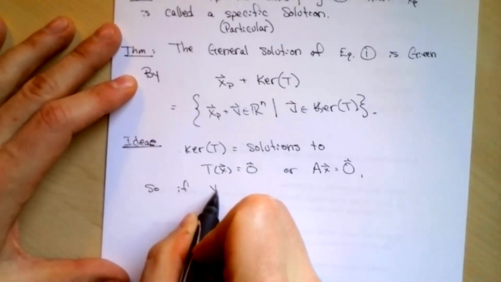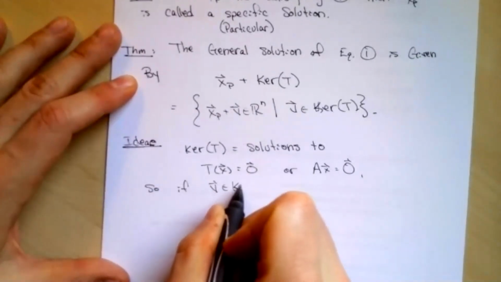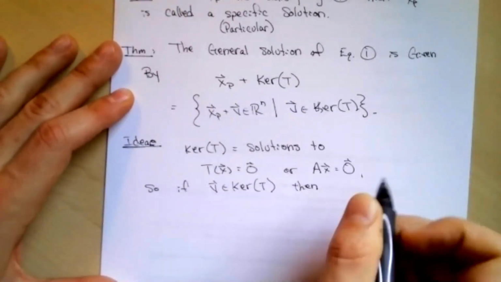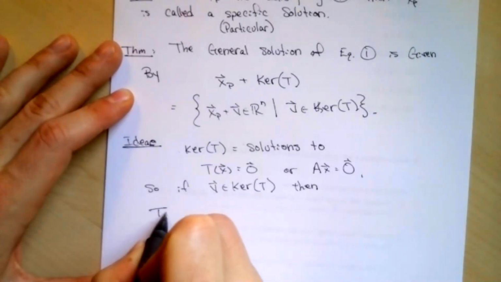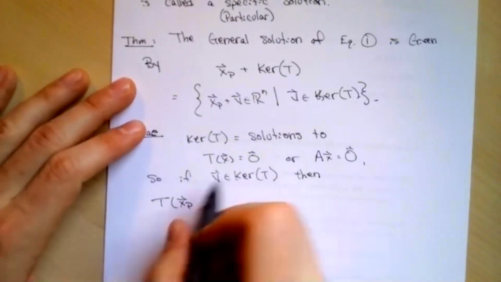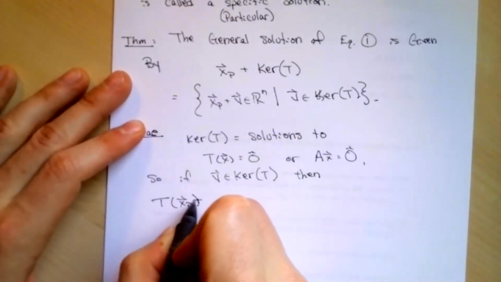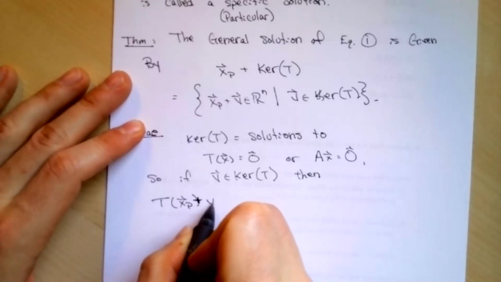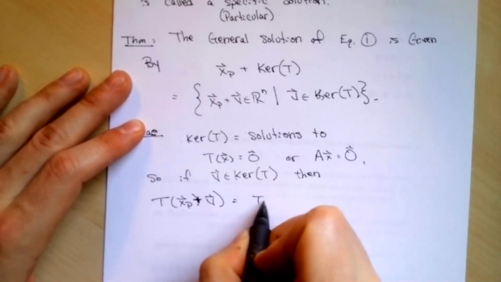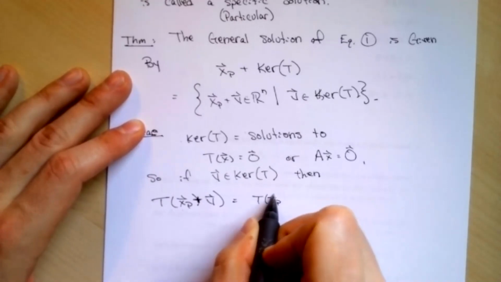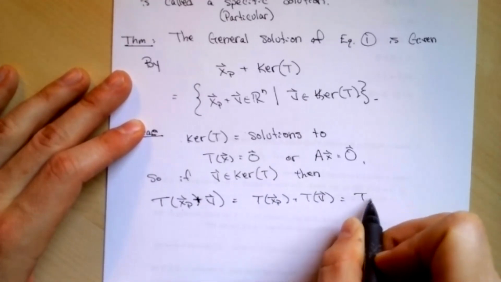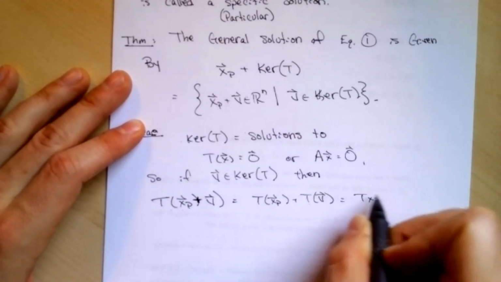So if v is in the kernel, then T of any particular solution, excuse me, if we add on from the particular solution any vector in the kernel, by the linearity of T, well, this guy's going to be 0.